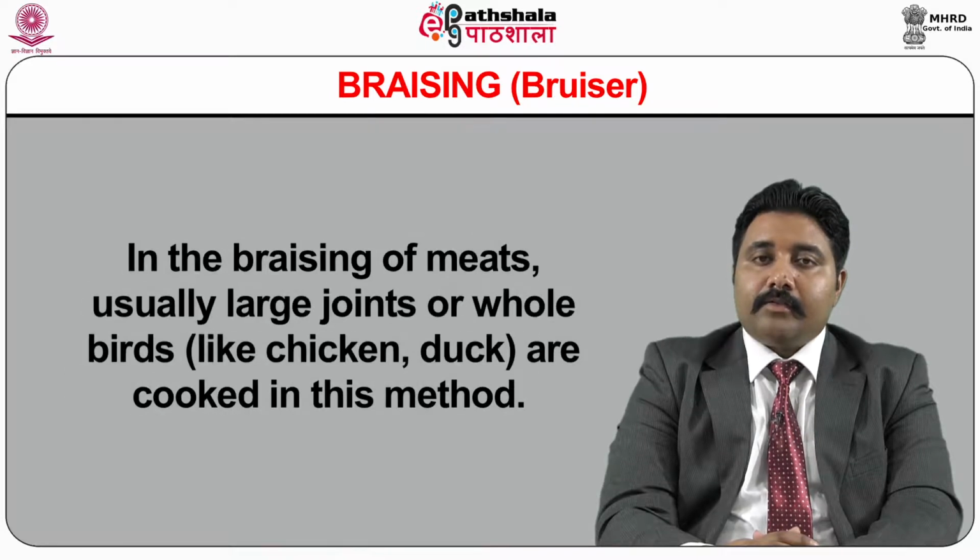In the braising of meats, usually large joints or whole birds like chicken and duck are cooked in this method. It is a method of cooking food in a closed vessel with very little liquid at a low temperature and for a long time.